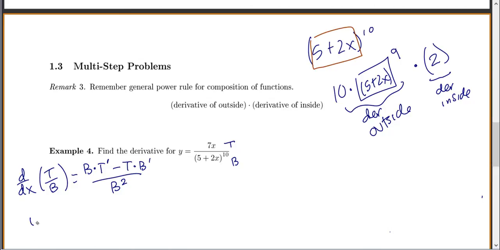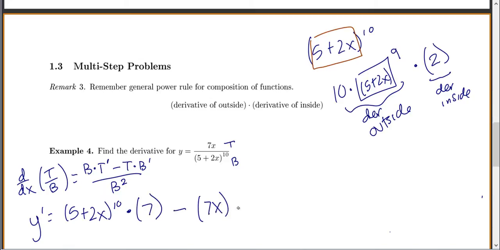So, in our case, the derivative of y is we want to do the bottom. So that's 5 plus 2x to the power of 10 times the derivative of the top. So derivative of the top is 7x, so that derivative would be 7. Minus the top, which is 7x, times the derivative of the bottom. So derivative of the bottom, oh, that's why I needed the power rule for this 5 plus 2x to the power of 10. I needed to find the derivative of it.